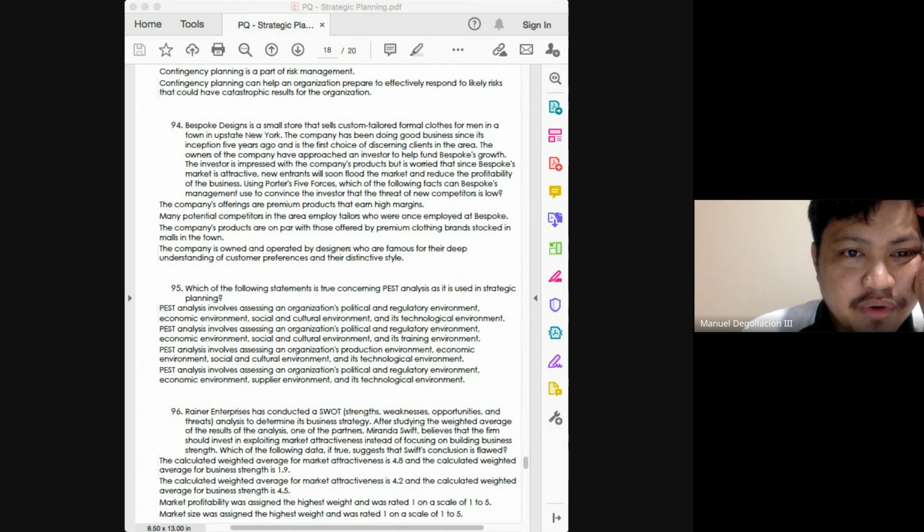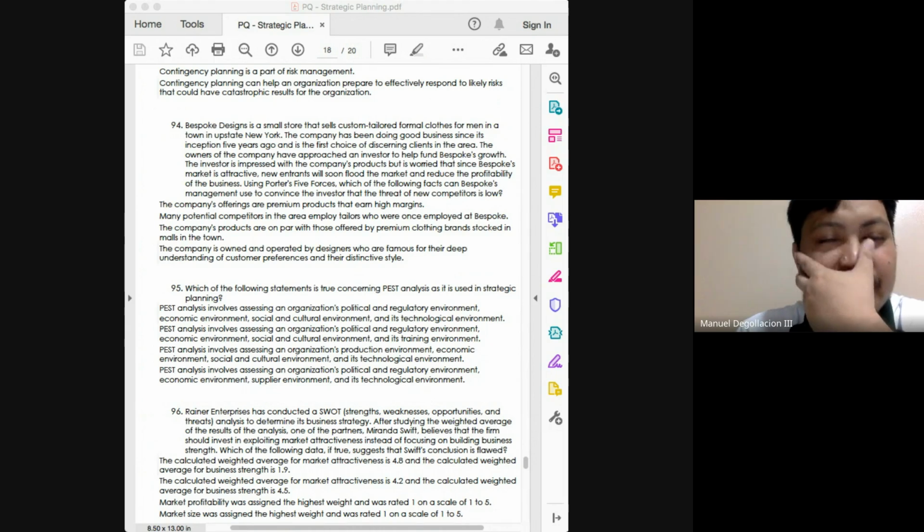The company is owned and operated by designers who are famous for their deep understanding of customer preference and their distinctive style. So here, even if there will be new competitors, you will not be threatened because the company, the incumbent, has high levels of experience, and they have already differentiated their service offerings.